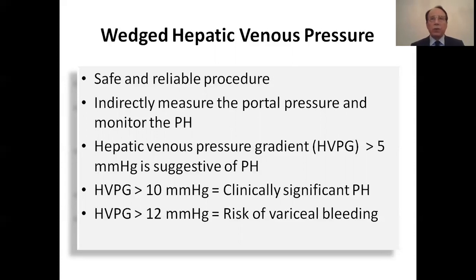Hepatic venous pressure gradient is a surrogate for the portosystemic pressure gradient. Clinically significant portal hypertension is defined as a gradient greater than 10 millimeters of mercury, and variceal bleeding may occur at a gradient greater than 12 millimeters of mercury.